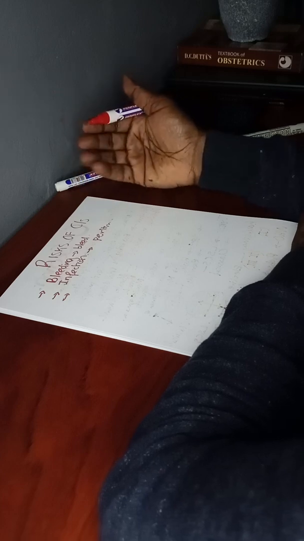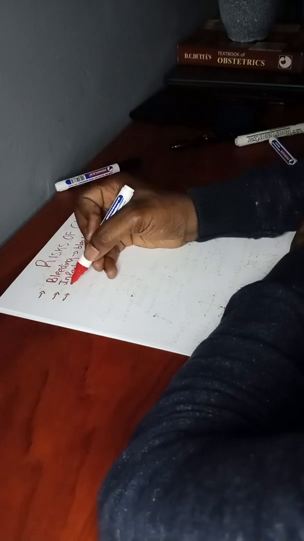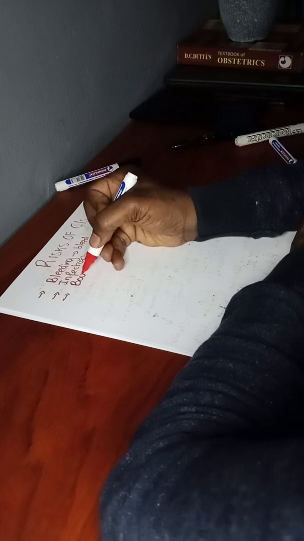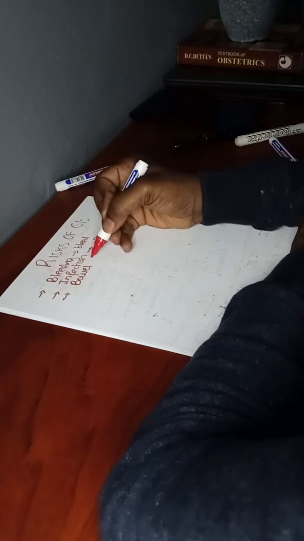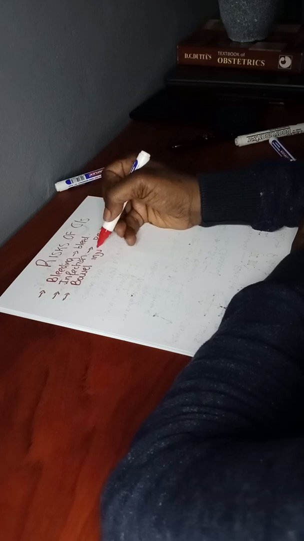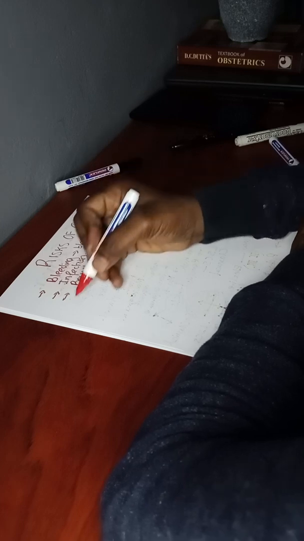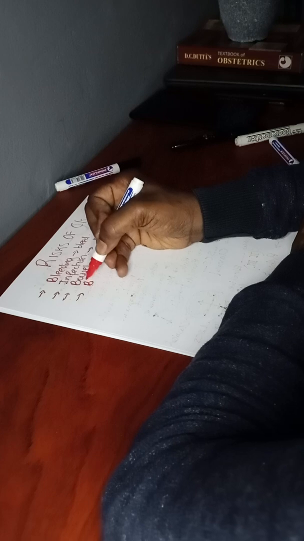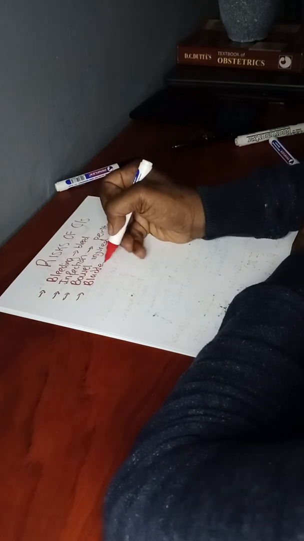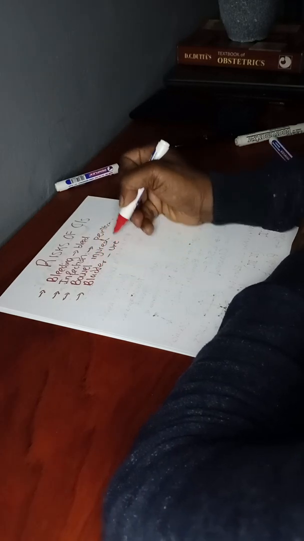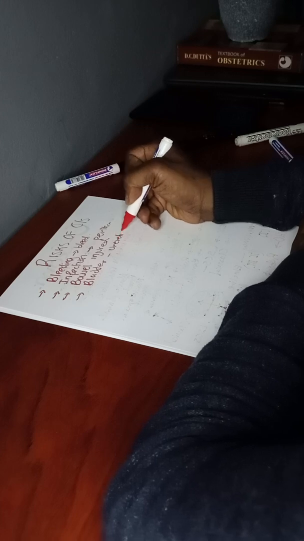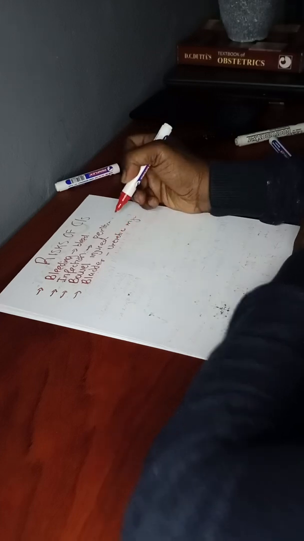So infection is a big risk. So these are like immediate complications. The other ones are bowel injury. Somebody can have bowel injured during a C-section. Somebody can have bladder injury during a C-section. Somebody can have ureteric injury after a C-section. This has happened before.